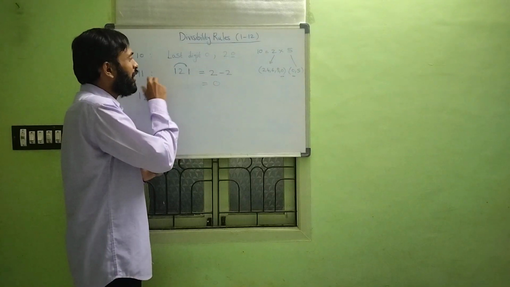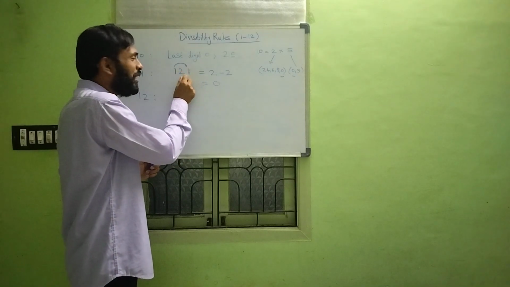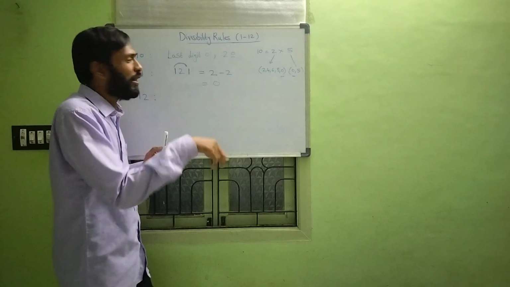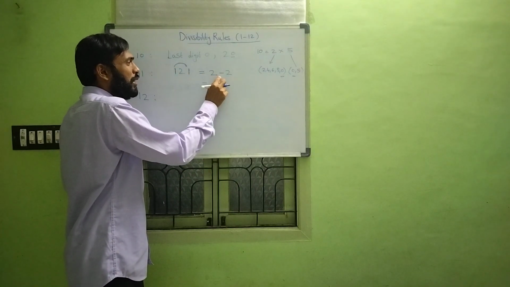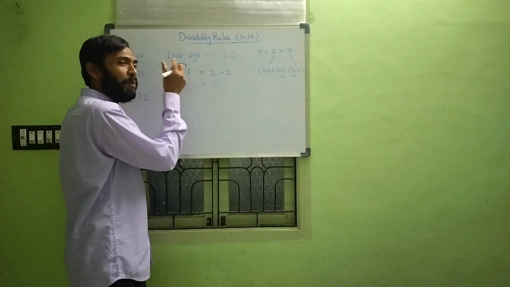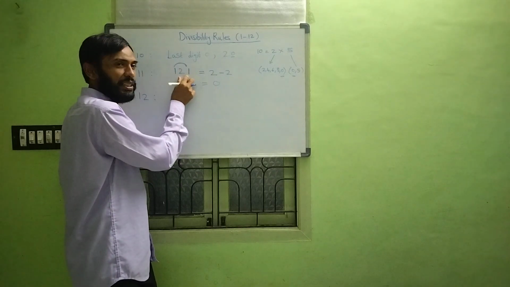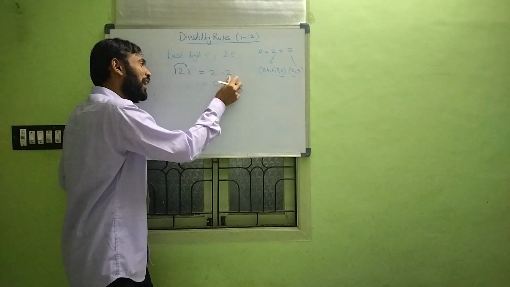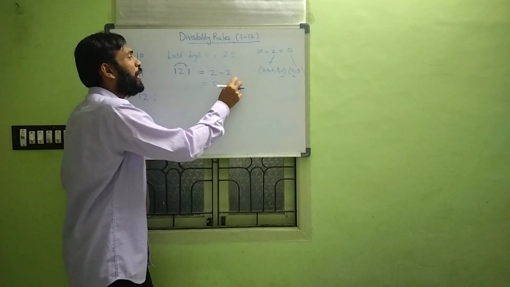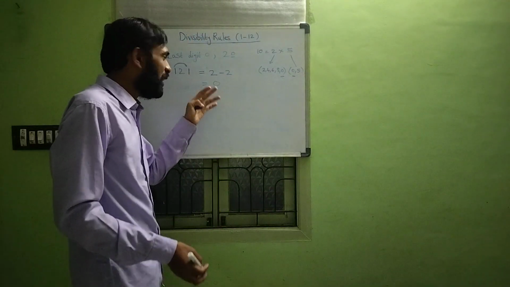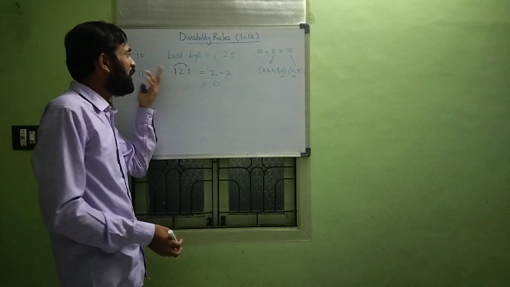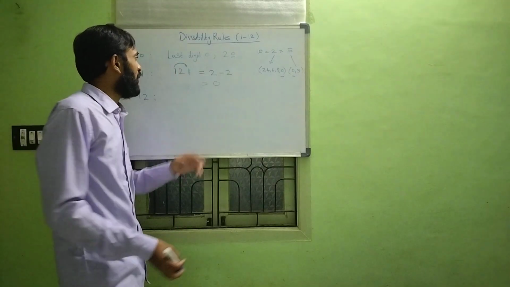Unfortunately in the even digit we have even numbers as well. So I will give one more example. 1 plus 1, 2, minus the sum of even digits. We have only one digit here, so 2 as it is. 2 minus 2, 0. When you get 0, 11 or any number divisible by 11, then the entire number is divisible by 11.